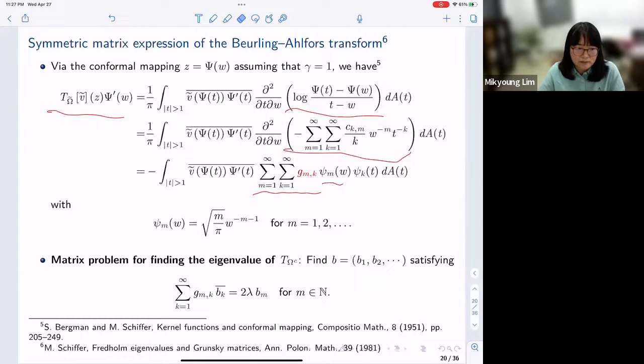And then the matrix problem for finding the eigenvalue of T is just to solve a matrix equation for a coefficient vector v such that G times v equals a constant times the given coefficient vector. So finding the eigenvalue for this problem gives us the spectrum of the NP operator when the domain is smooth.